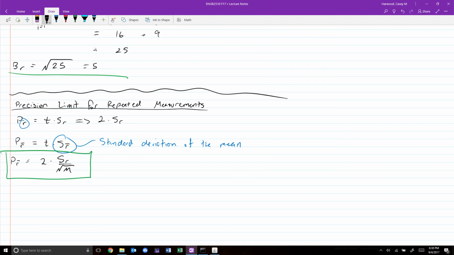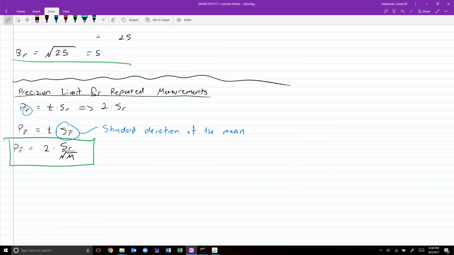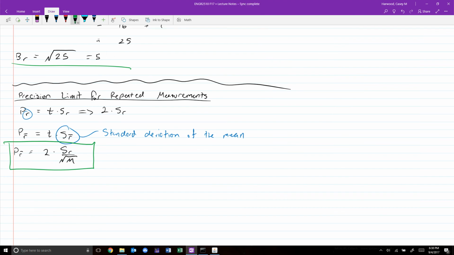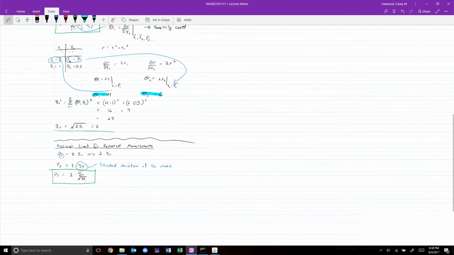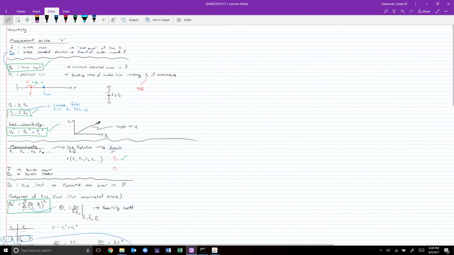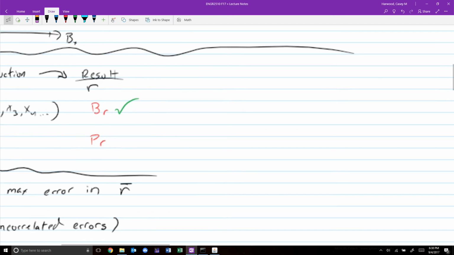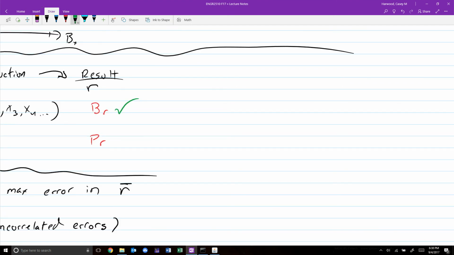Finally, how do you combine your bias limit on R and your precision limit on R? We've covered how to get your bias limit on R and how to get your precision limit on R. The last question is, how do you combine these to get the uncertainty on R bar?